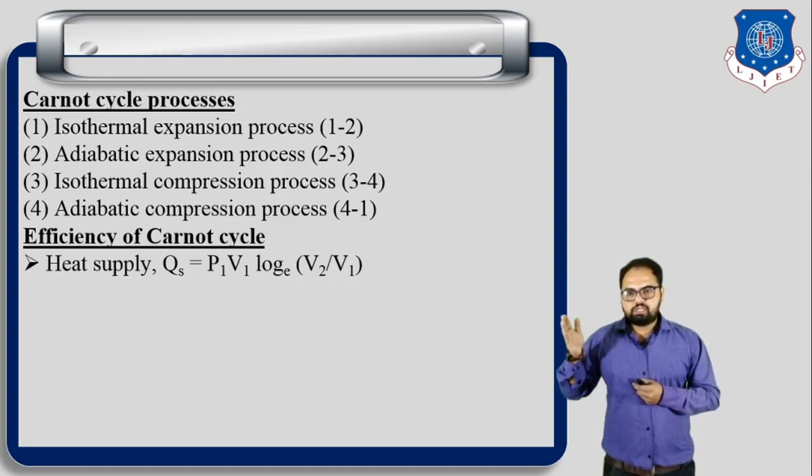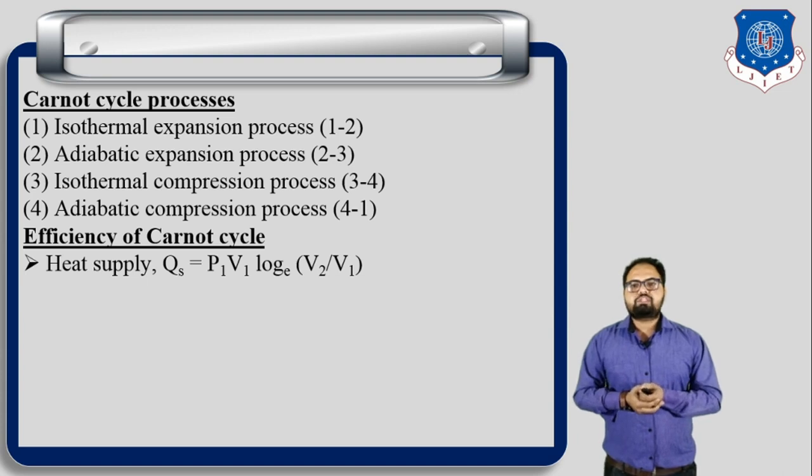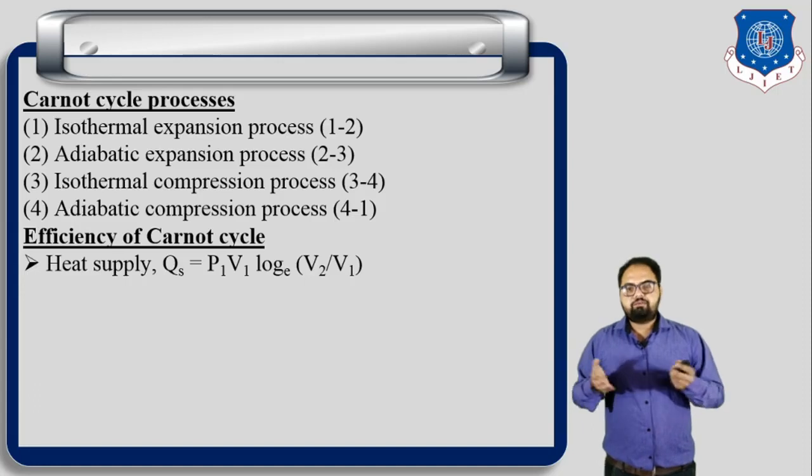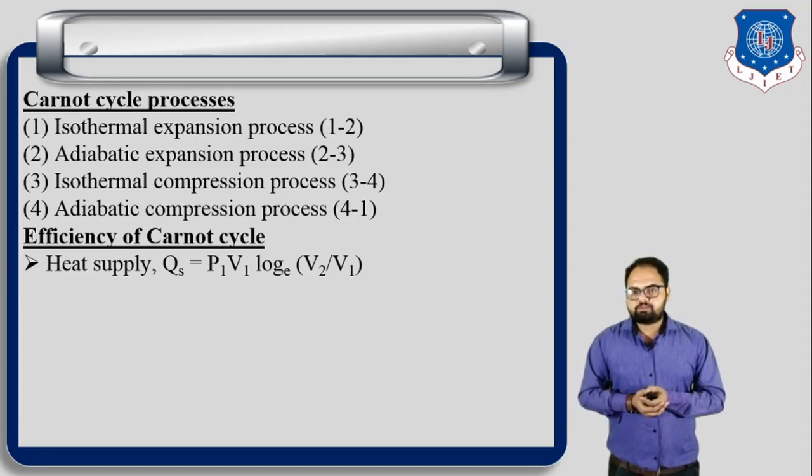Qr. So heat supplied during the process, we know that we supply heat during process 1 to 2, and that process is known as the isothermal expansion process. We know the equation for isothermal expansion that we have already learned in chapter number 3, constant temperature process. Heat supplied during a constant temperature process, that is Qs, is equal to P1 V1 log V2 by V1 base e.